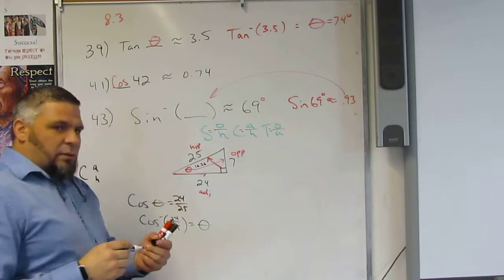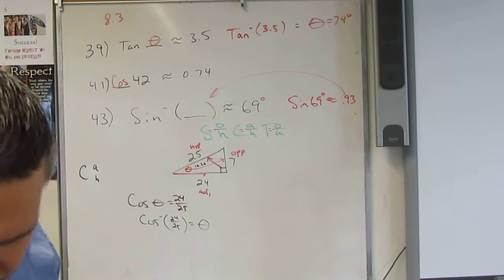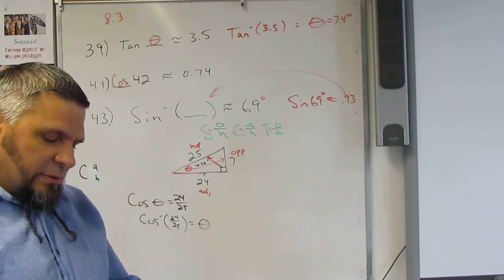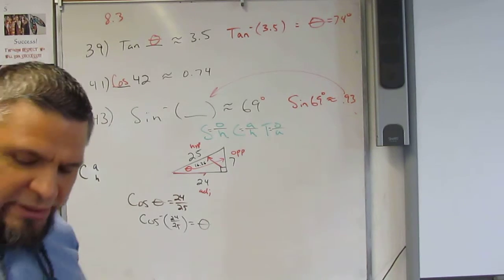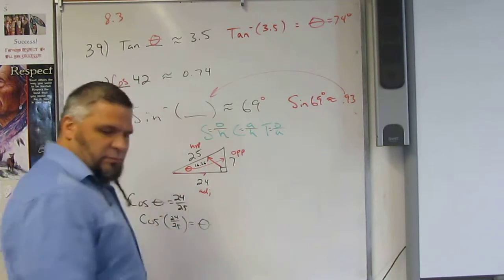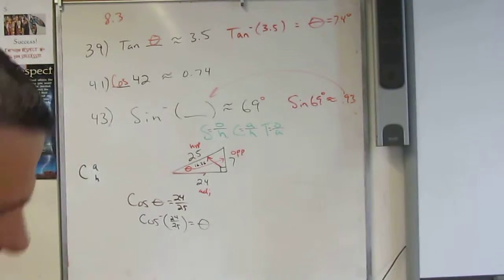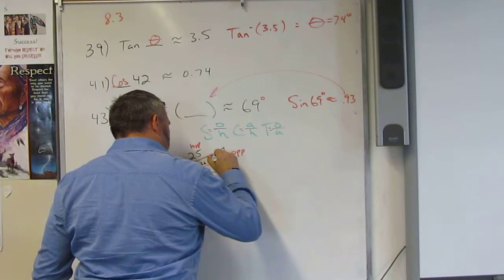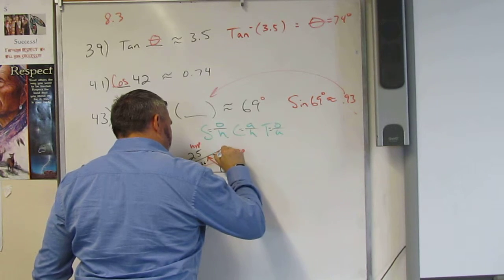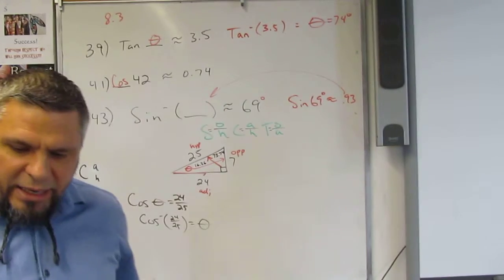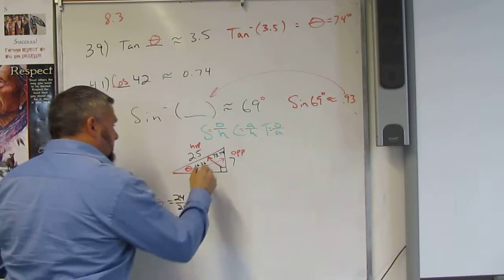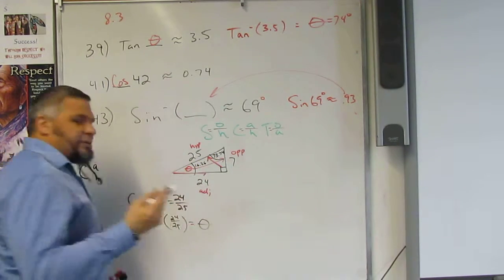Then I subtract that from 90 and I get 73.74. And that's how you find your angles. It's that simple.